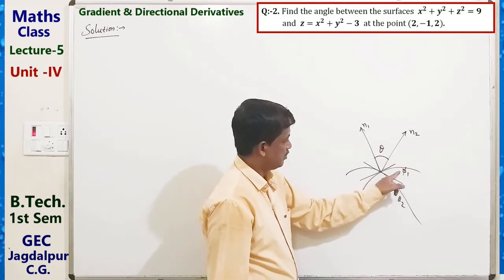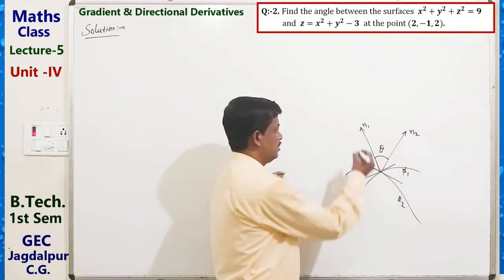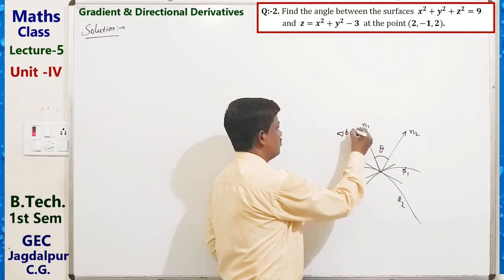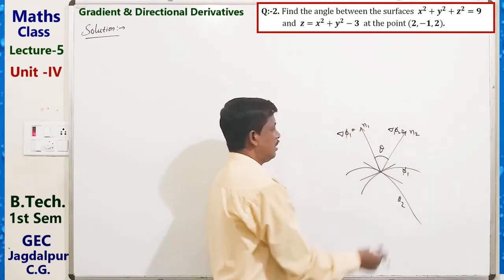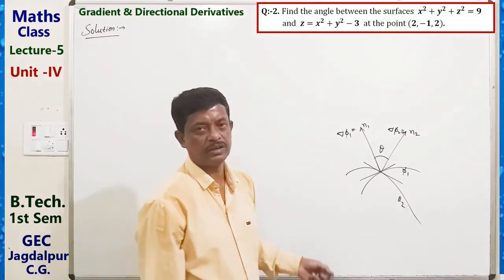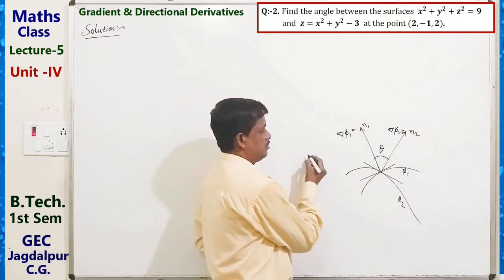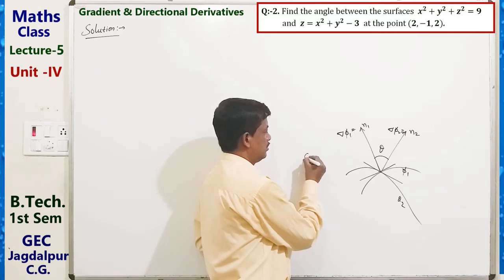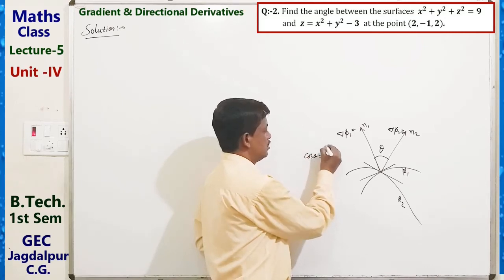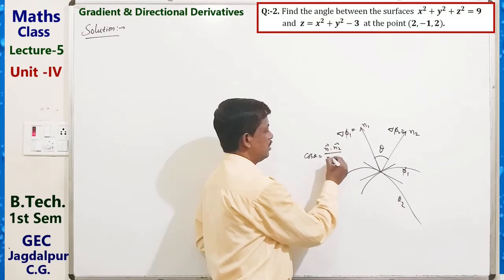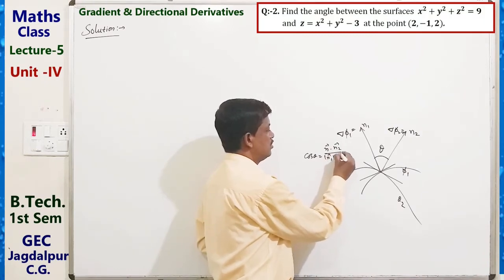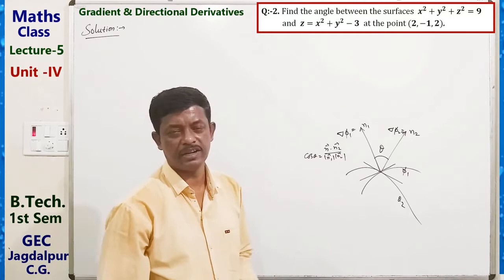Now the normal to this is ∇φ1, this is ∇φ2. Now the angle between these two vectors we can find: cos θ equals N1 · N2 upon |N1| |N2|.